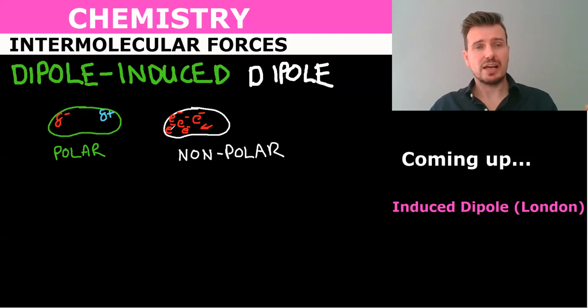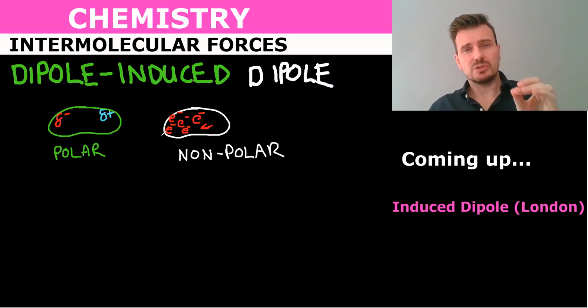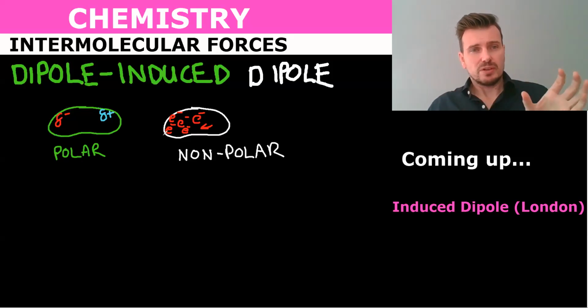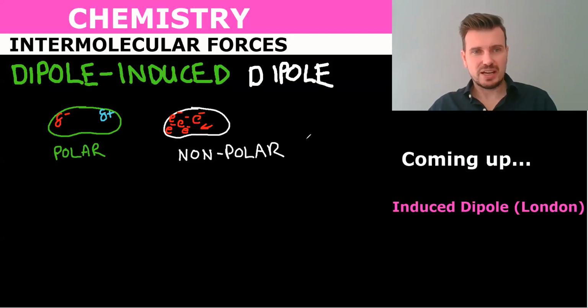So we get an induced dipole. If we think about the name dipole-induced dipole, it's induced by a dipole. So this dipole induces a dipole. And so we get this side becoming negative, and then obviously the other side becomes a positive pole.